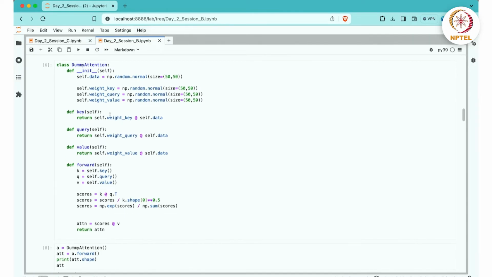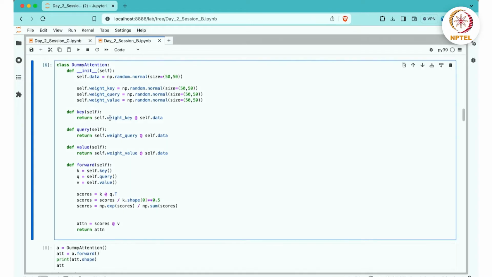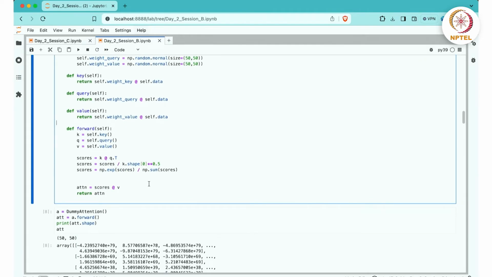And now my key vector is just a linear transformation, a matrix multiplication through this. You can also imagine this to be like a linear layer, but where all your biases are 0. So instead of your typical wx plus b, right now we are just doing wx, and we'll look at how this is implemented in a more PyTorch sense. But this is a very basic NumPy implementation where the key, query and value vectors just become these. So what would be a typical forward pass through this?